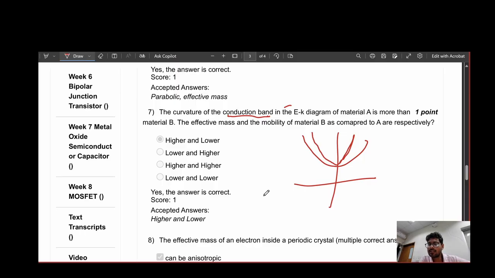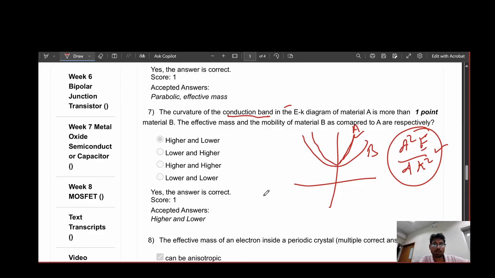This is material A and this is material B.